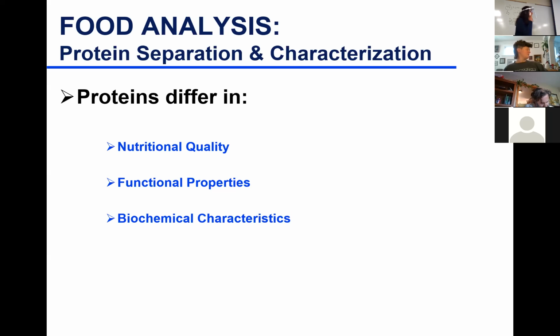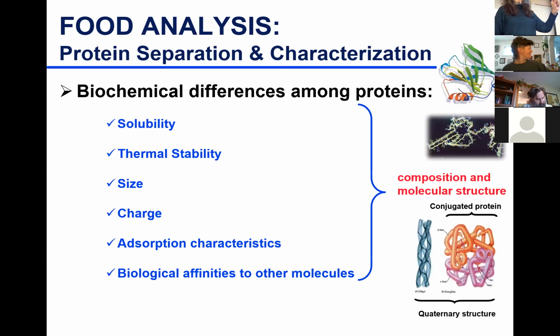So changes in protein, or differences in protein amino acid composition, sequence, and structure, impact nutritional quality. It impacts functional properties and also the biochemical characteristics of the protein. So with biochemical characteristics, what do I mean?